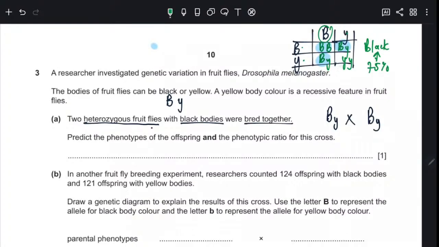And then we have 1 out of 4 being yellow. This is the only time you get yellow, when both are yellow. So the phenotypes you get are black and yellow.